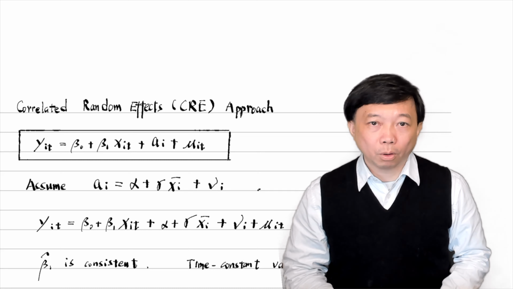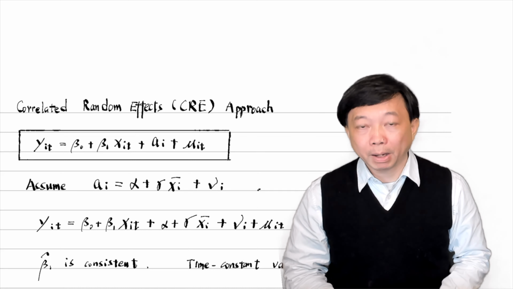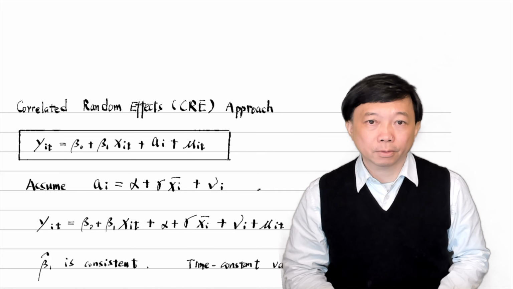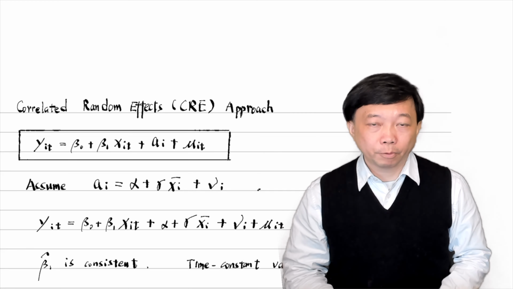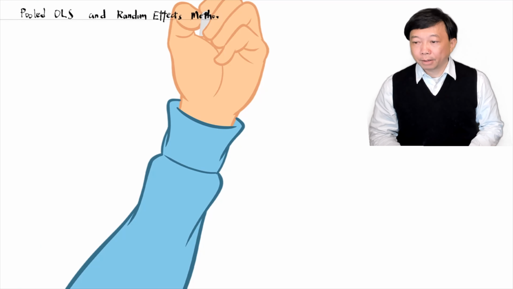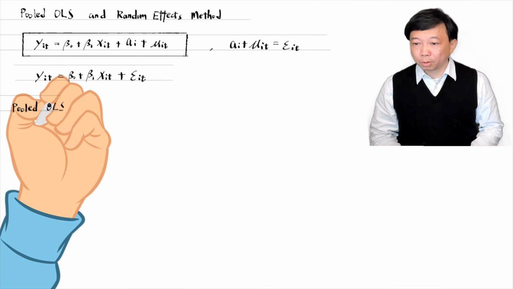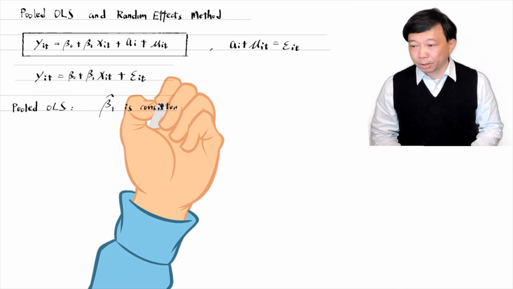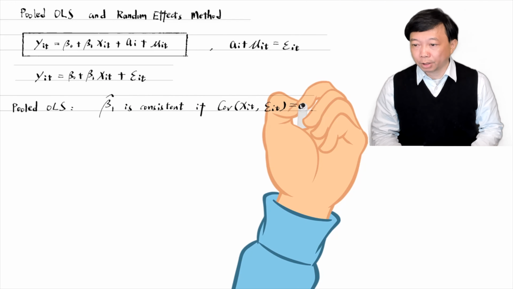We can call all these 4 methods the panel data fixed effects methods. They differ from the other 2 methods, the pooled OLS and the random effects. We can apply the OLS method to panel data without considering the structure of the error term.